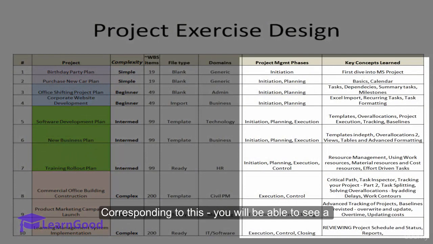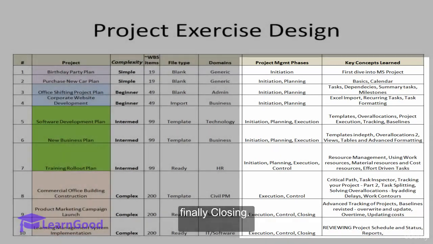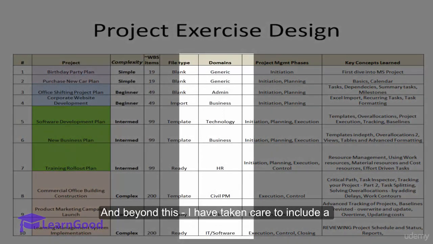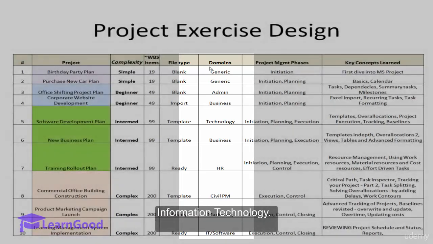Corresponding to this, you will be able to see a mapping to project management phases: initiation, planning, execution, and control, and finally closing. And beyond all of this, I have taken care to include a wide array of domains in the examples. The simplest examples are generic, but after that, there are examples from administration, business, software technology, human resources, civil engineering, marketing, and information technology.